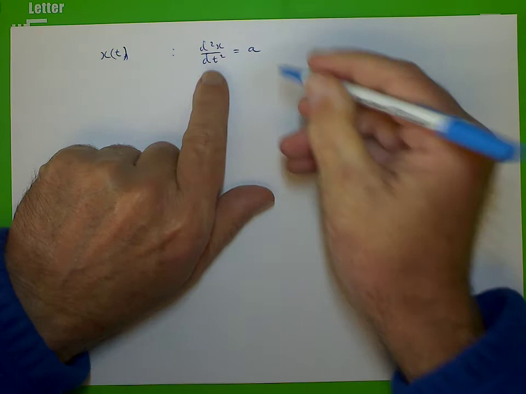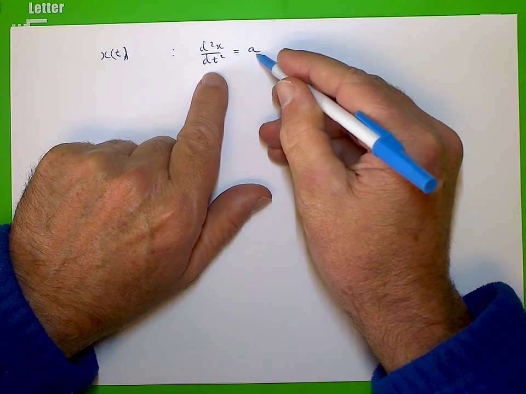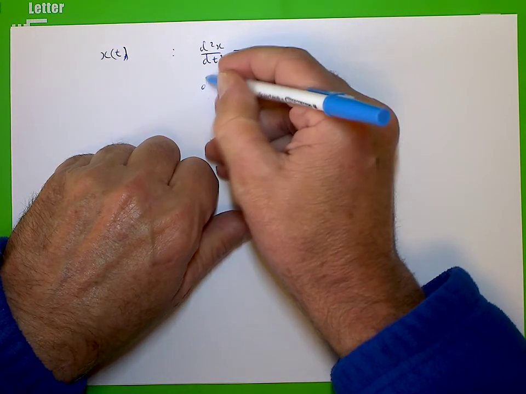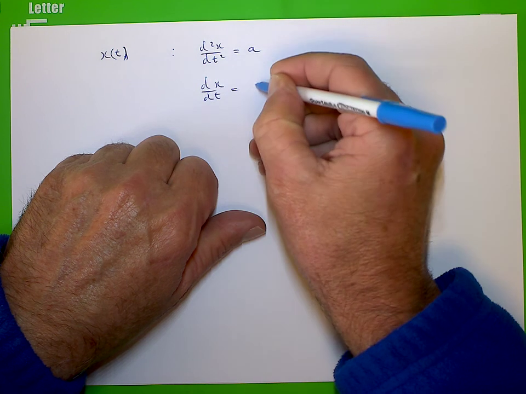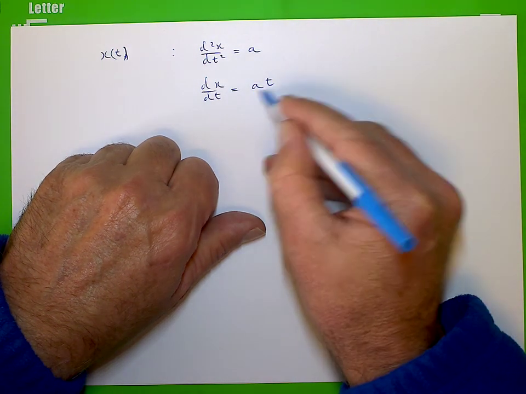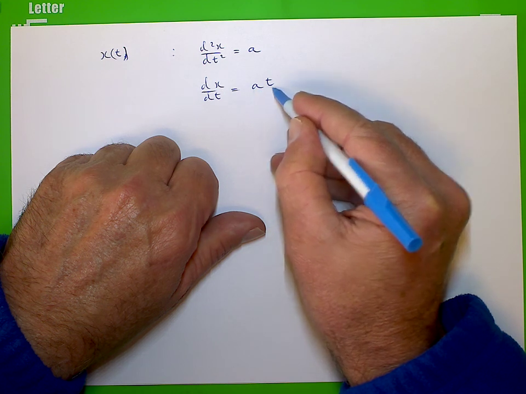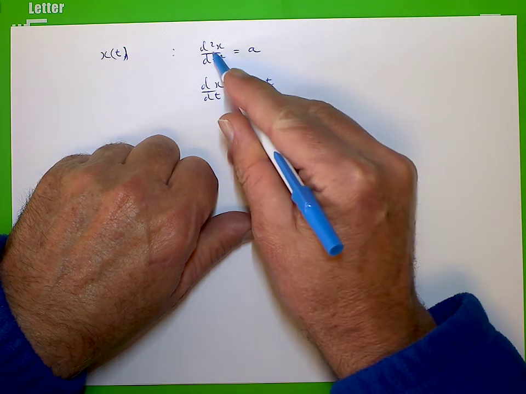Alright, if the second derivative of x is a, then the first derivative, dx/dt, must just be equal to a times t, because if I differentiate this side, I'm going to get a. Differentiate a t with respect to t just gives me a, which is what I'm supposed to get.